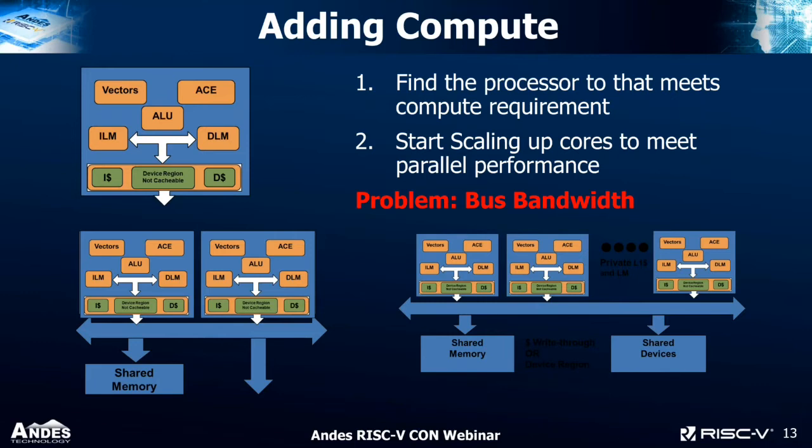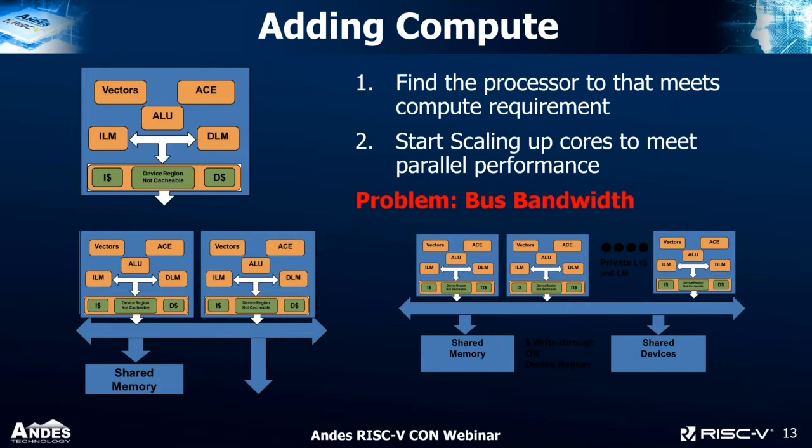You need the data and instructions to run. So you start having bigger caches, bigger memories, but eventually you do run out of memory bandwidth, bus bandwidth, device bandwidth. You just run out of bandwidth. Your engines are waiting more than running.